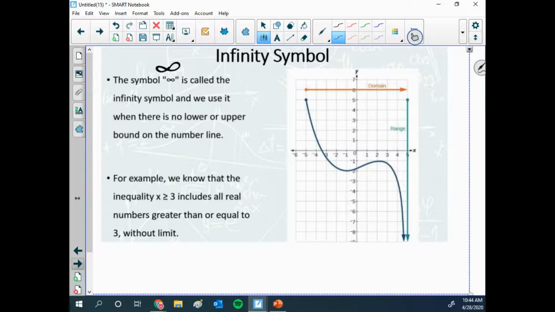So for example, if I'm looking at this right here, what are they saying? The x value. Well, the lowest x value I could be on this graph is -5. And this graph is going to go over forever because this is going down and over, down and over, down and over. So I could technically be any value this way, which is infinity.